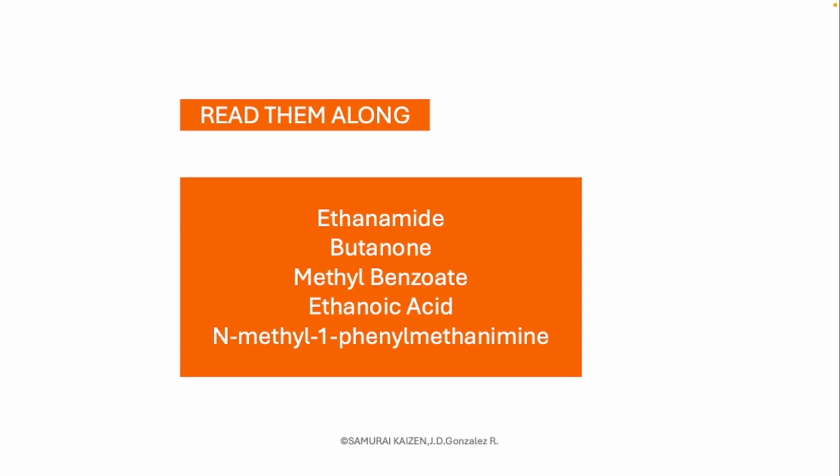Ethanoic acid. And the last one, okay, I just gotta check here. This is an imine, so you gotta read it at the end as imine. N-methyl-1-phenylmethanimine. Okay, got it, cool.